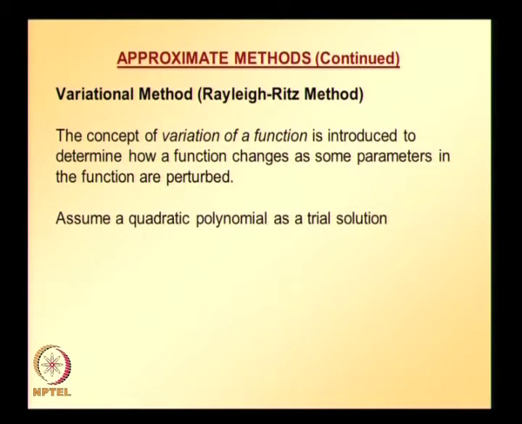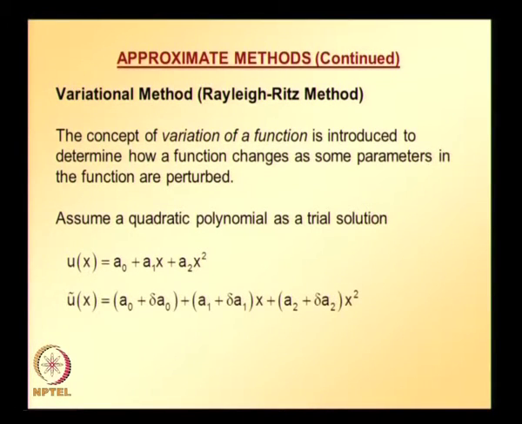So, assume a quadratic polynomial as trial solution like this, and let us say these parameters are perturbed by a certain amount and the perturbation is a non-zero value. So, A naught is perturbed by delta A naught, A1 is perturbed by delta A1, A2 is perturbed by delta A2.